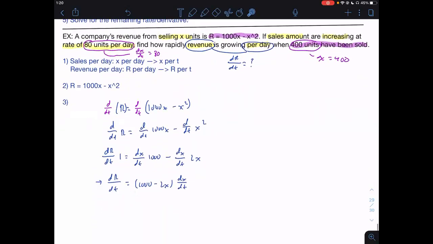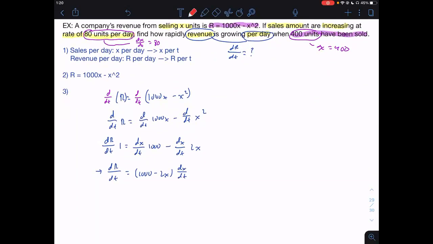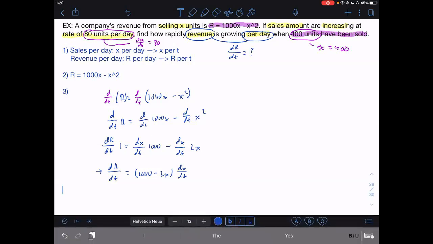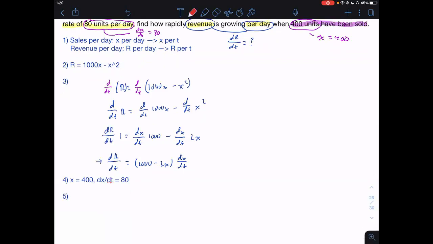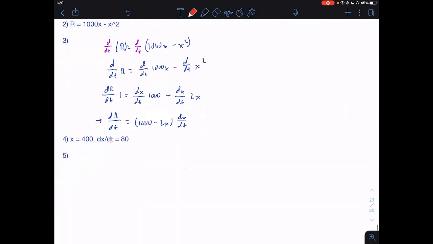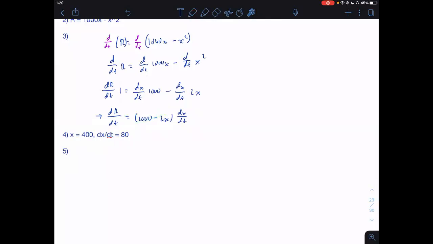So steps 4 and 5 pretty much go together here. So step 4: we know that x is going to be 400, and we know that dx over dt is 80. Now for step 5, now that we identified our given values, plug in what we know into our equation.